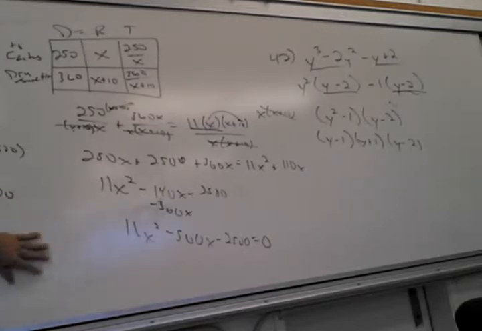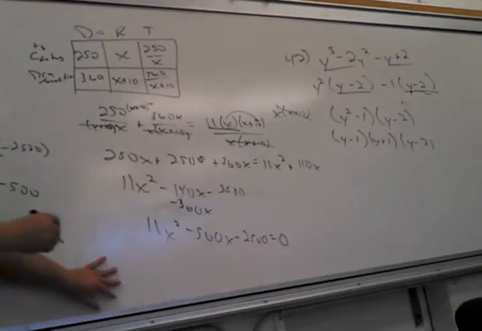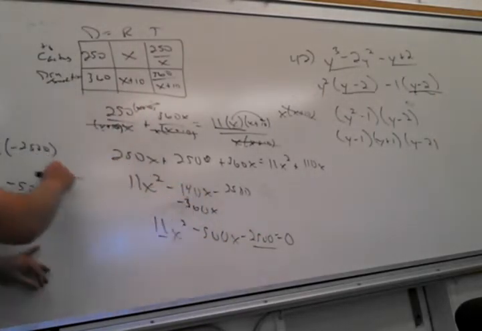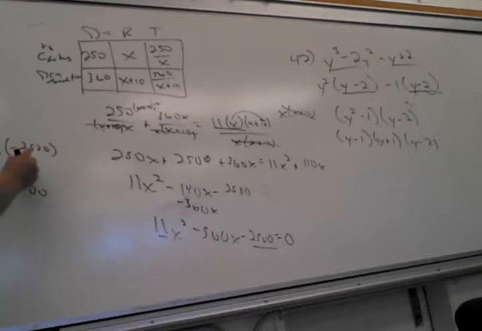If I wanted to factor this, if on a test your evil instructor said, solve this by factoring and by no other method, what would you have to do? Are you that evil? Oh, hell yeah. So 11 times that, because that number's not 1, so I've got to take it into account. 27,500. It's huge.